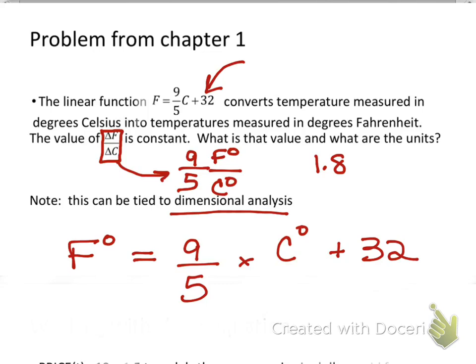In order to say that we can make that conversion, this must have Fahrenheit over Celsius so that the Celsiuses can cancel out, and you're left with a Fahrenheit measurement, and this 32 is degrees. All right, so that's good to understand because that's a little snippet into the world of dimensional analysis, and you really don't even think about that when you're using the equation for Fahrenheit. You don't think that you're converting in a dimensional analysis fashion. So let's move on to the next slide.